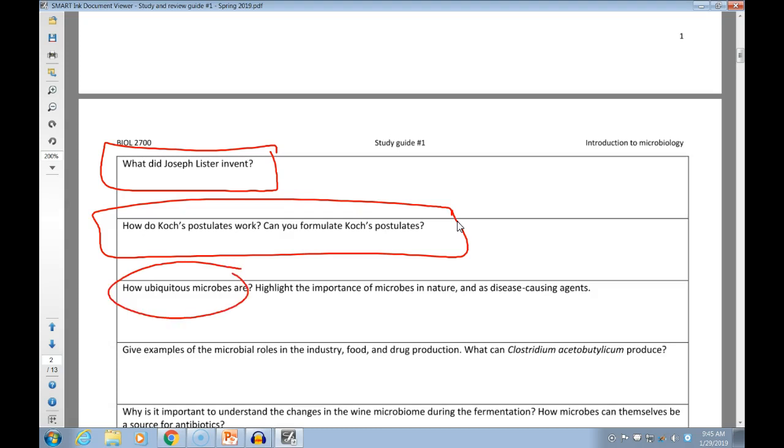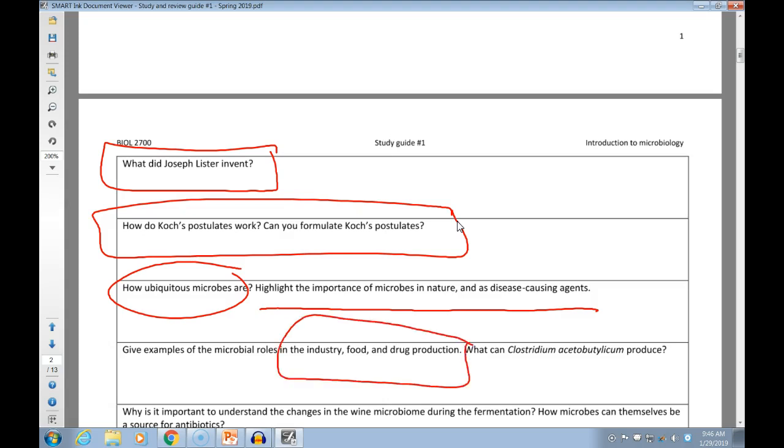Microbes are ubiquitous. Now, for importance of microbes in nature and disease-causing agents, very, very simple ideas. Basically, like, which of the following diseases is not caused by microorganisms? Like, diabetes is not, okay? Fracture is not caused by microorganisms.